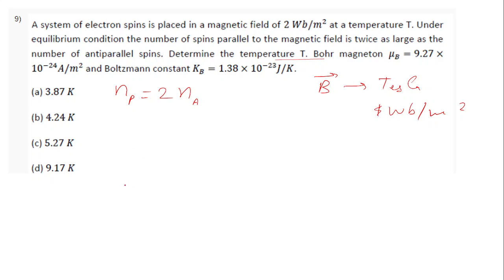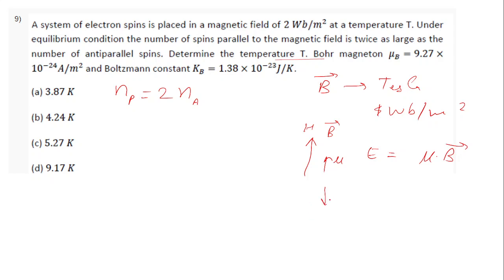Okay, so if Np is the number of magnetic moments parallel, then its energy, when this is field, usually we use H, or okay, in this case B, then the energy of spin when it's parallel is given by magnetic moment of this dipole and the field. If it's B, then B. If it's H, then H. So this is the energy.